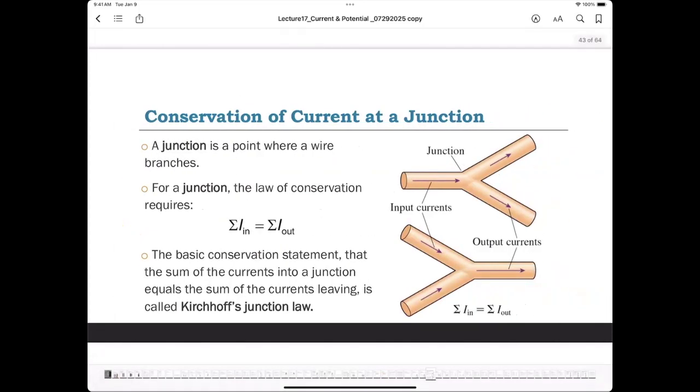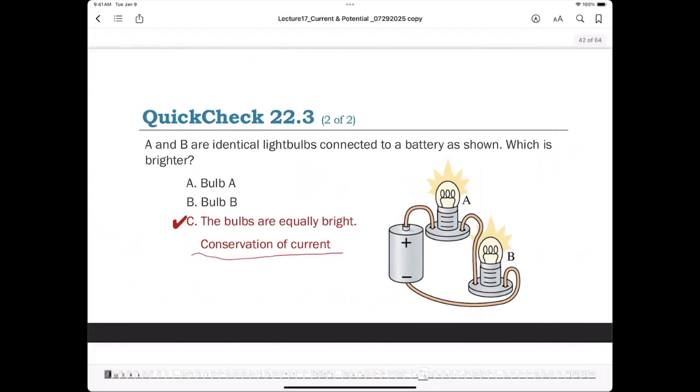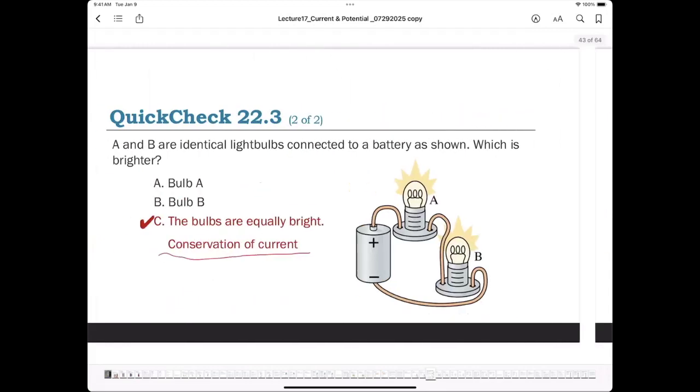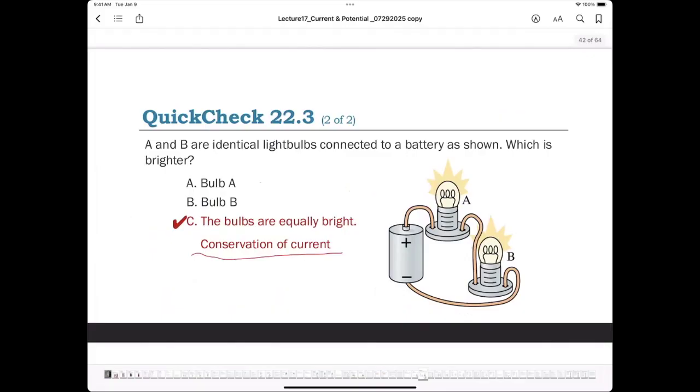Okay, let's talk about conservation of current at a junction. A junction is a point where a wire branches. In the real world, the circuit is very complicated. It's not just one wire from the battery to a light bulb, which is quite a simple circuit.